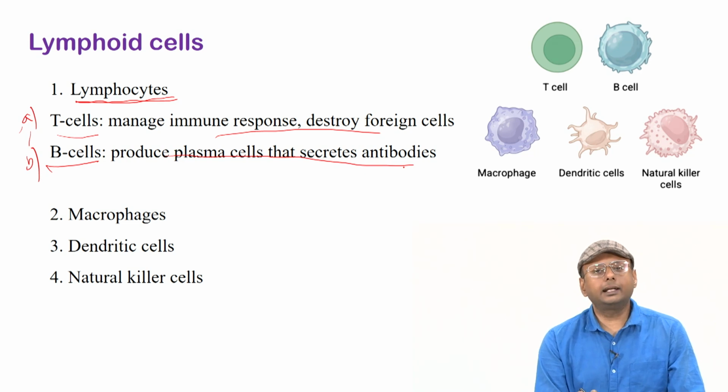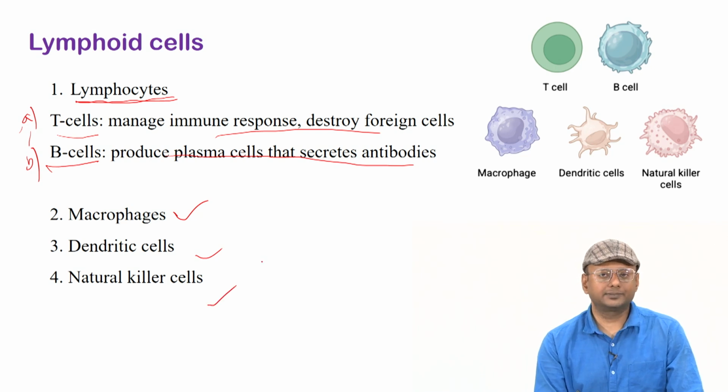Okay. In detail, we will discuss in our next or next-to-next class the immune function of the blood and lymph. There we will thoroughly discuss how lymphatic cells, lymphocytes, T cells, and B cells actually perform. But try to remember here that these are different lymphoid cells: mostly the lymphocyte, T cell, B cell, and then we have macrophages, dendritic cells, and natural killer cells.